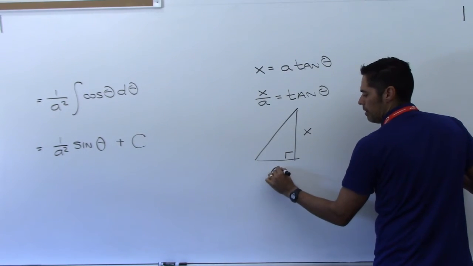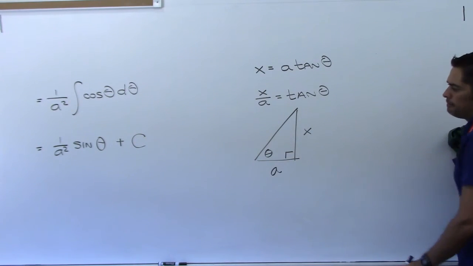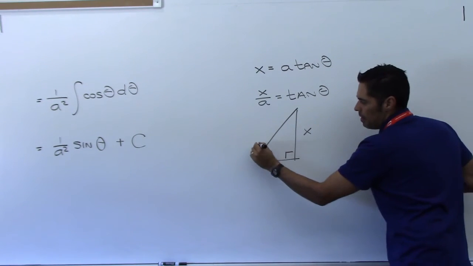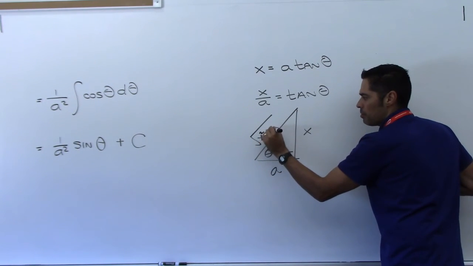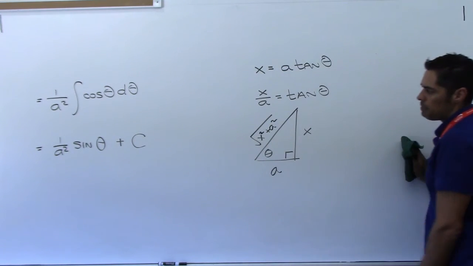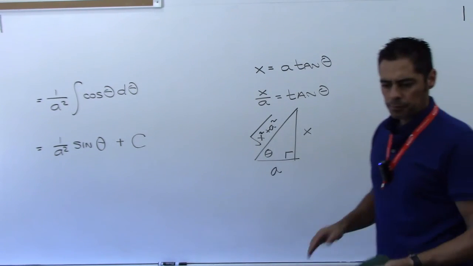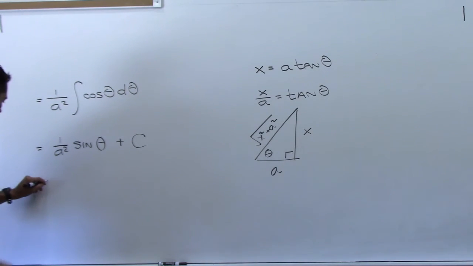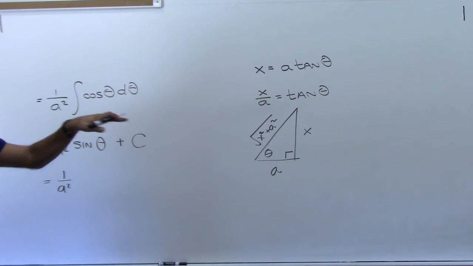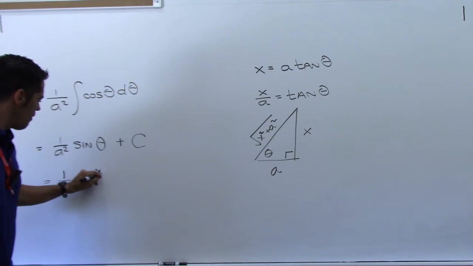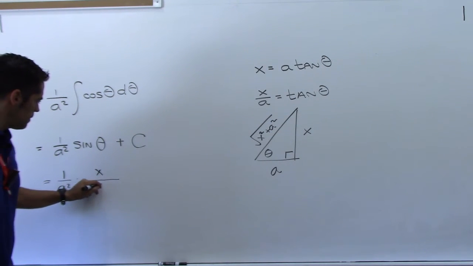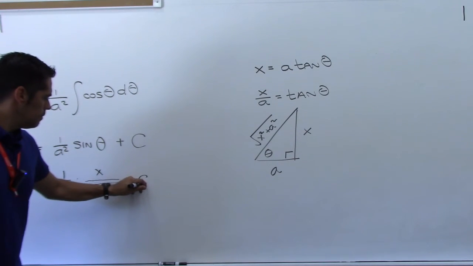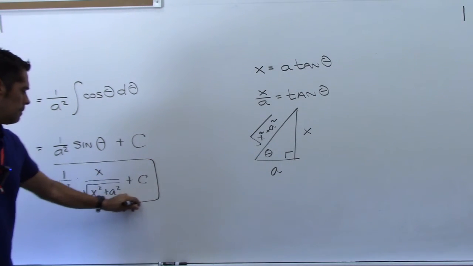X over a is tan theta, which means that this side is the square root of x squared plus a squared. And we need what? Sine? So sine is opposite over hypotenuse. There we go.